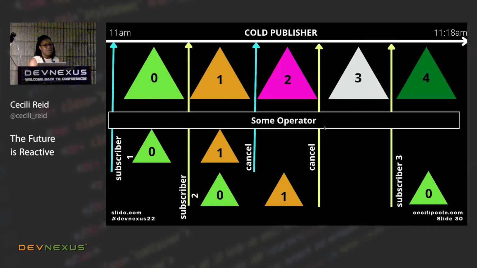Now, the thing that makes cold and hot publishers confusing is you can make a hot publisher a cold publisher, and you can make a cold publisher a hot publisher by any number of ways. The way that we did it in our example, that Flux interval command that I made, is actually a cold publisher. But by using the publish and ref count, I turned it into a hot publisher.